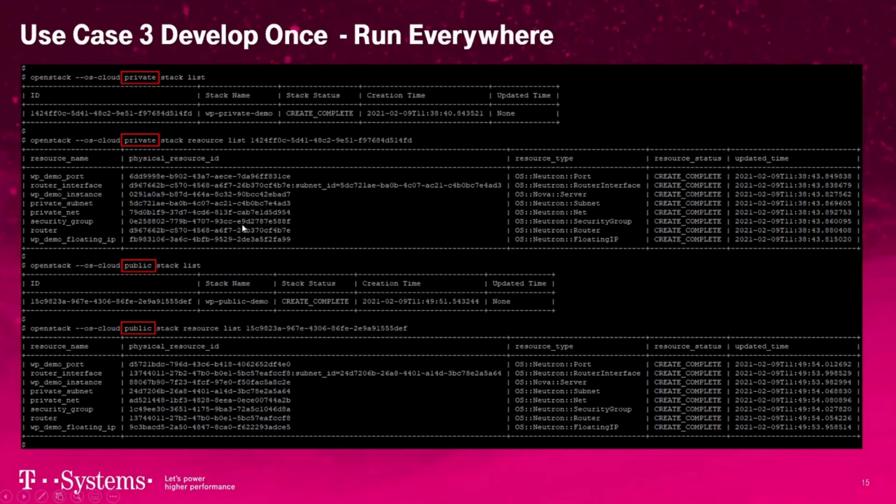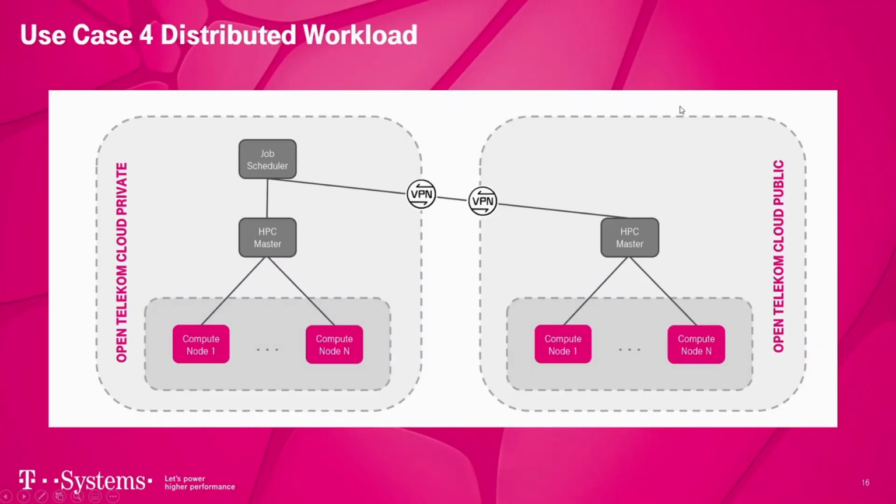Okay, so the last use case I will talk about is the distributed workload. So this is as well something that uses resource sharing, but in this case it's an HPC use case that is creating resources on demand. So in this case, you have a private and a public side, which is connected with a VPN connection.